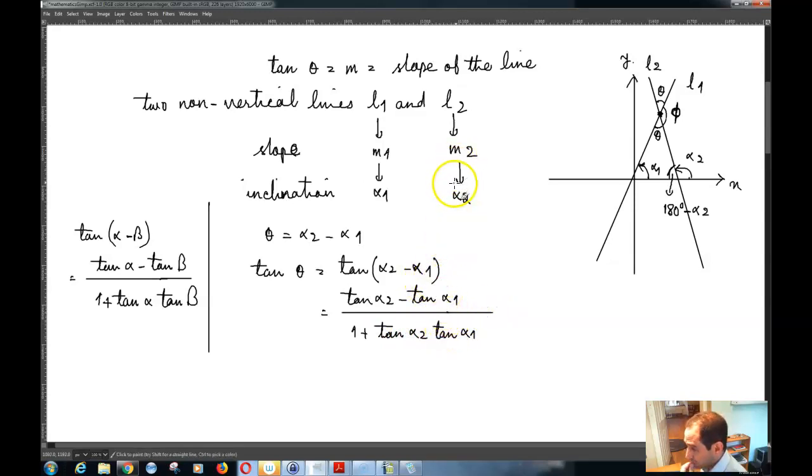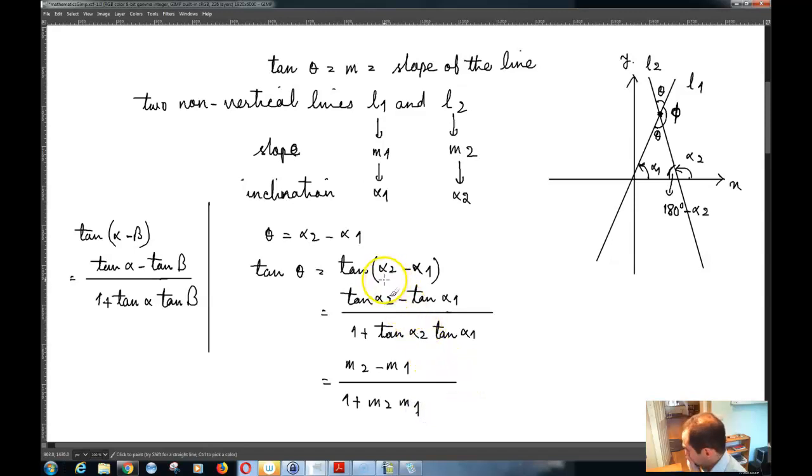And of course, tan of alpha 2, we defined to be m2. So I can write this as m2 minus m1 over 1 plus m2 times m1.